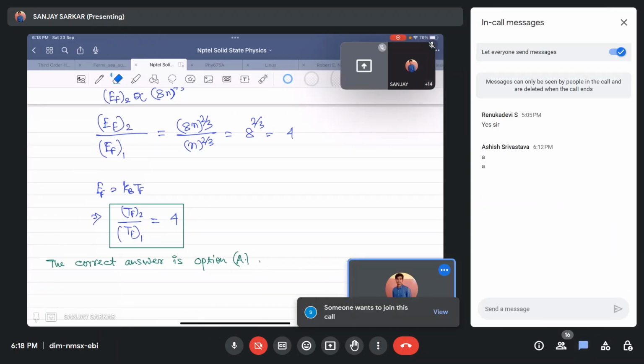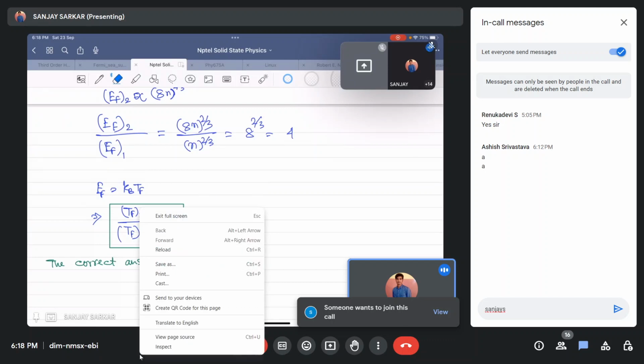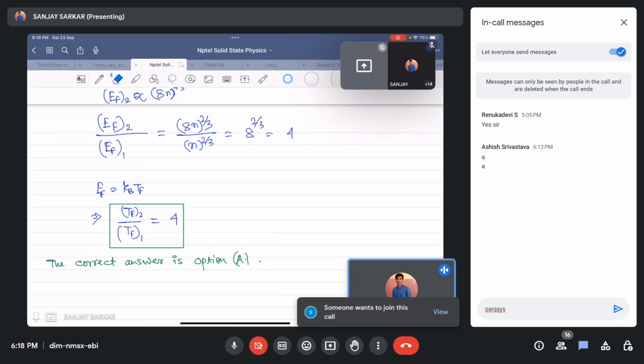So in the chat box, let me write down the email. Sorry, oh god, I cannot write the email. Actually my keyboard, the at-the-rate key, is not working. Is there any manual keyboard here?